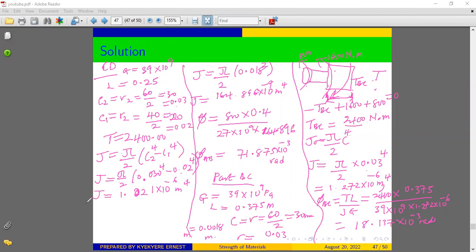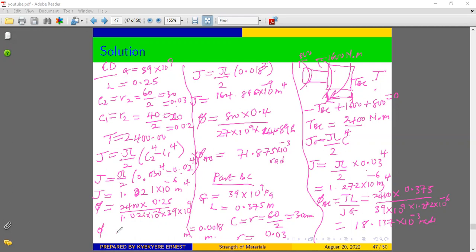And from here, we can calculate our angle of twist, which is going to be 2,400, the torque, times L, the distance, which is 0.25, all over G times J: 1.021 times 10 to the power negative 6 times the modulus of rigidity, which is 39 times 10 to the power 9.